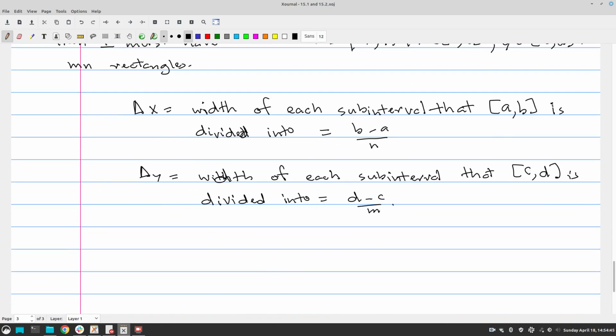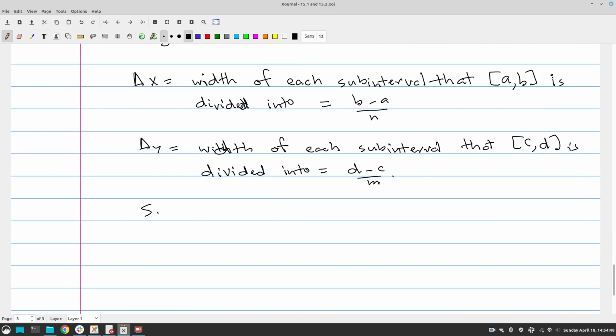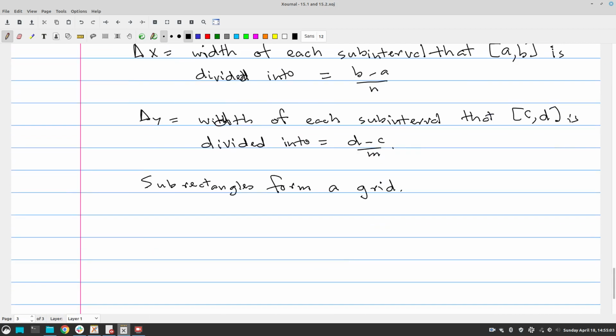These subrectangles form a grid, and each subrectangle can be identified by two numbers.